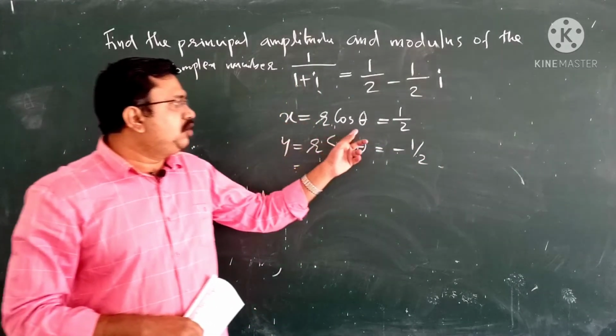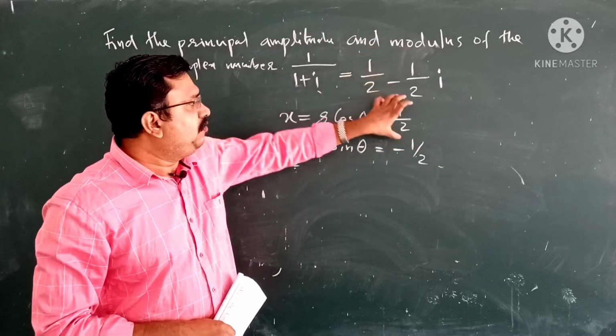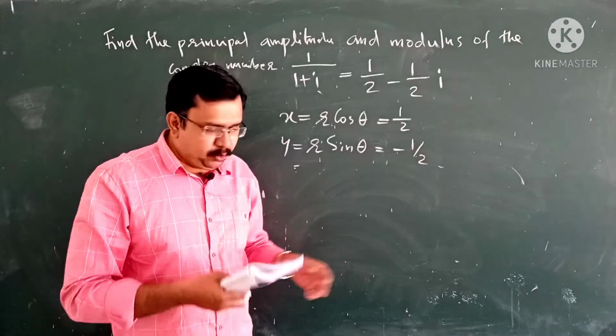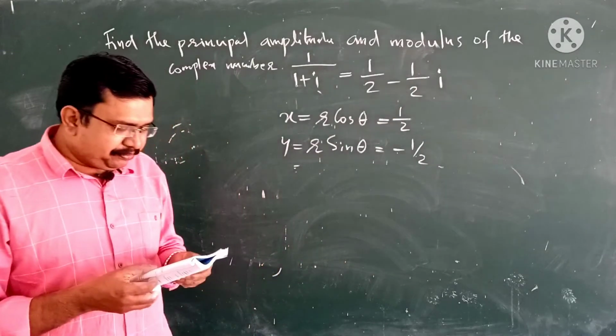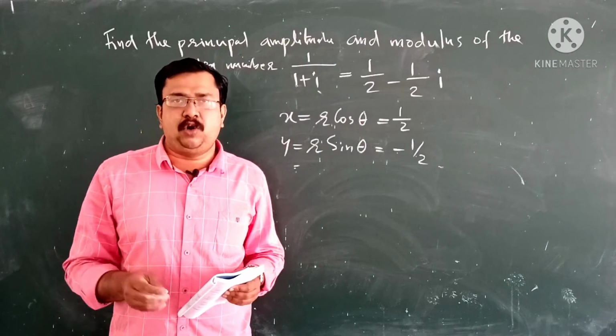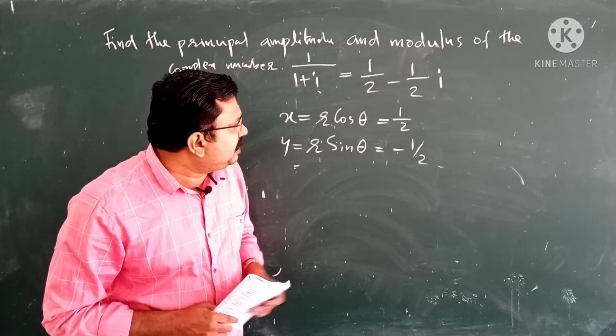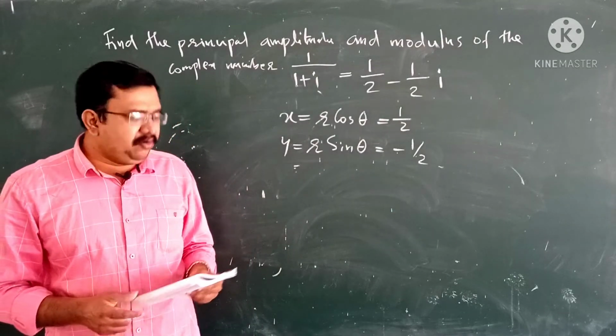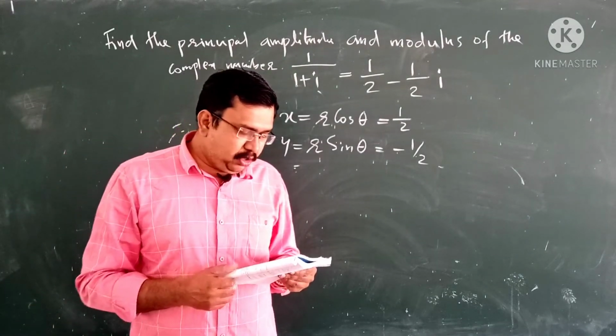The first one is positive, the second one is negative. Therefore, it lies in the fourth quadrant.